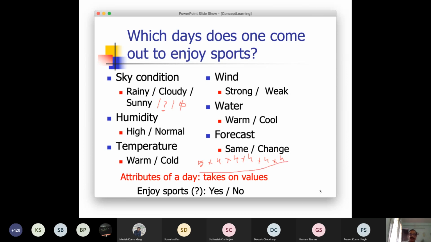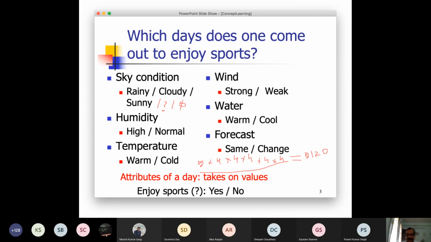If I multiply them, what should be the number? 5120. Something like 5,000 something, huh? 5120. That's what you told, no? Okay. Yes, sir. So this is the possible hypothesis count.